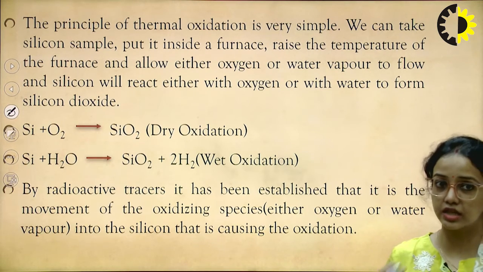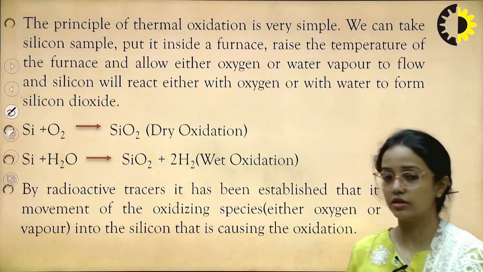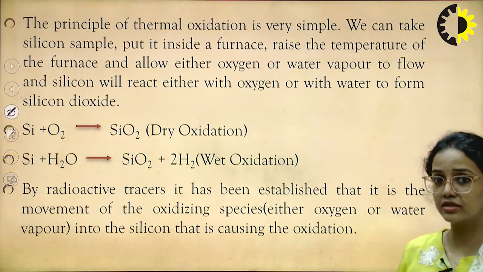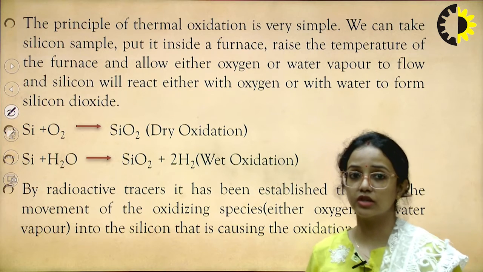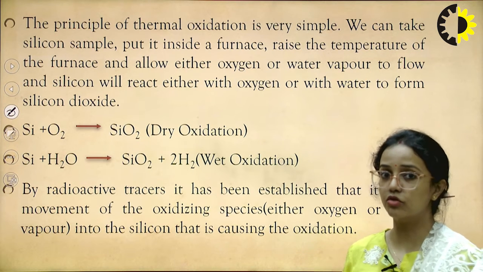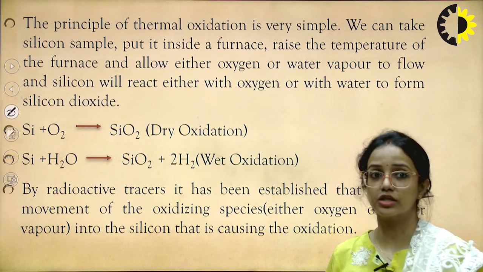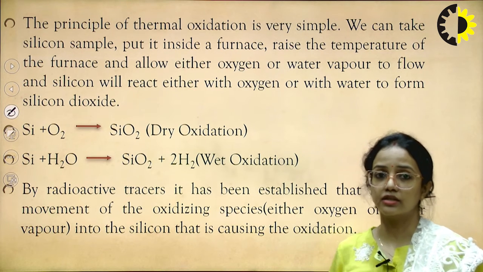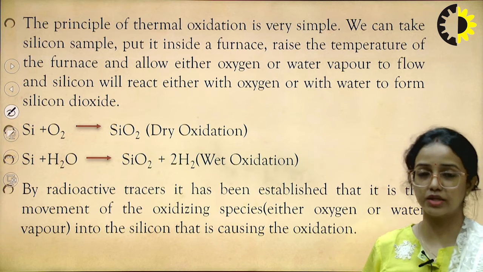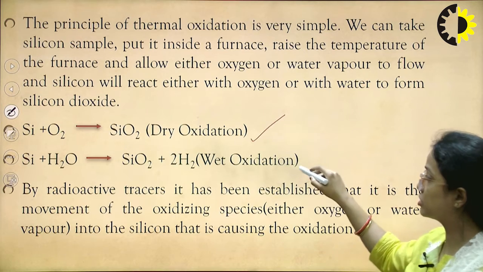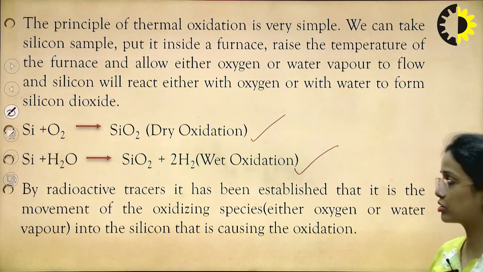The principle of thermal oxidation is very simple. We take a silicon sample and put it inside a ceramic furnace. We raise the temperature, and then we allow the inflow of oxygen, and water vapor only if it's wet oxidation. Silicon will react with the oxygen in the presence or absence of water. In the absence of water, it is dry oxidation. In the presence of water, it is wet oxidation.